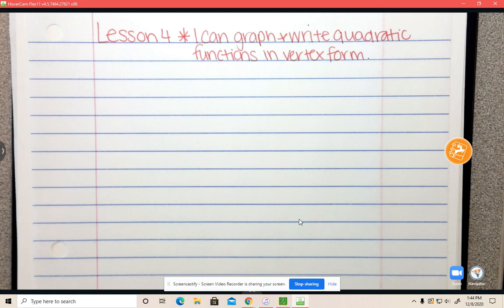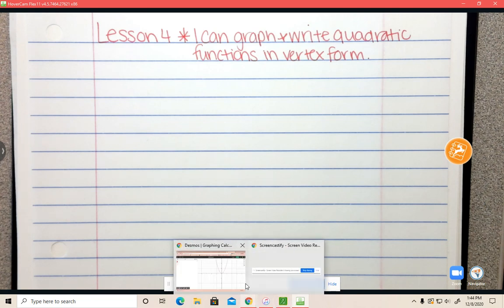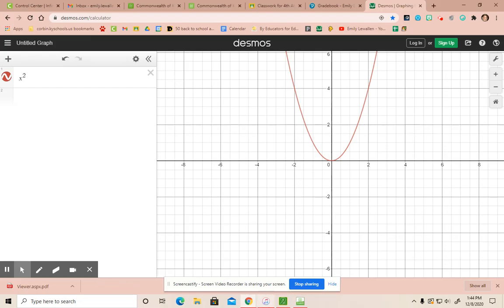Okay, and throughout the lesson today, after we talk about vertex form, we're going to look at a graph of a quadratic and see what it looks like and see how it can change. And so you'll notice that I have to switch back and forth between this screen and this screen, okay?